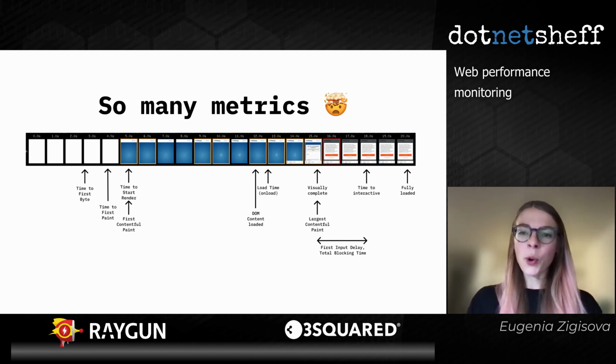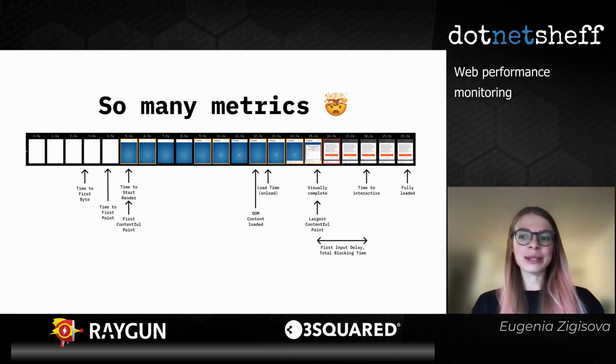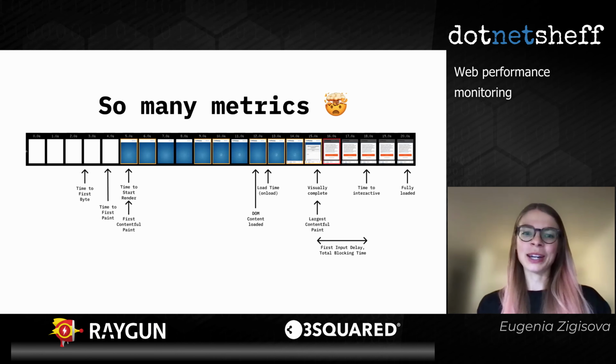As our main goal is to focus on the user, because this is why we build anything on the web, user-oriented metrics are the best. And by the way, this is not the whole list of what you can track in these timing events.